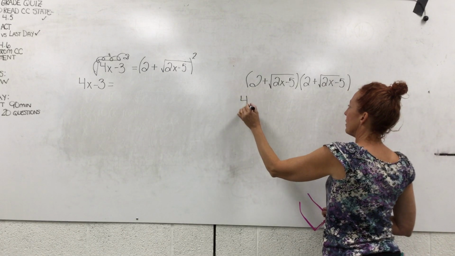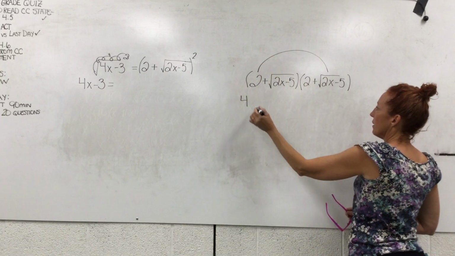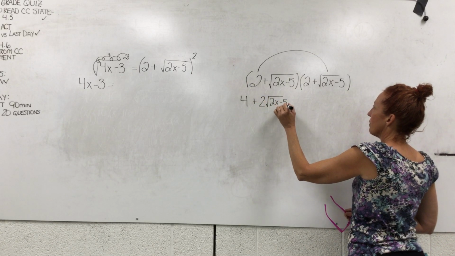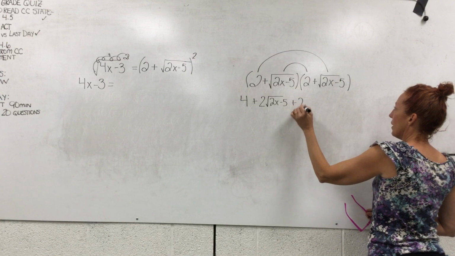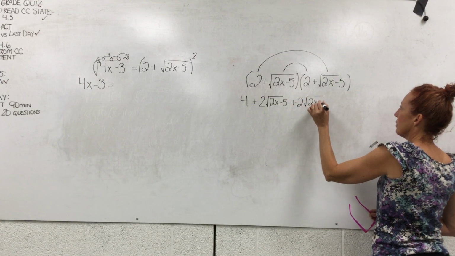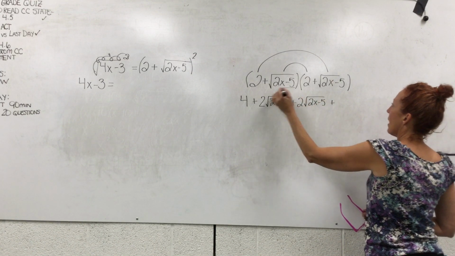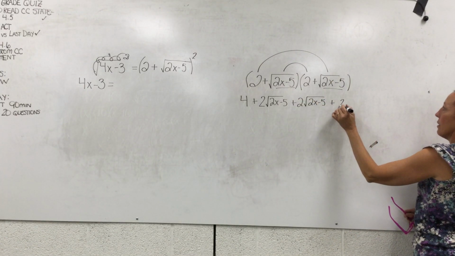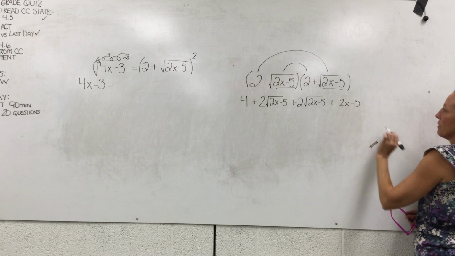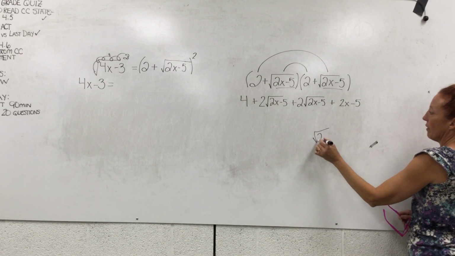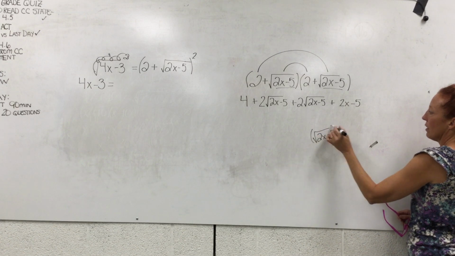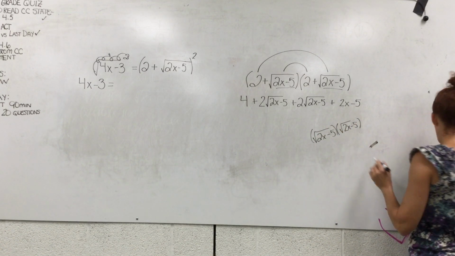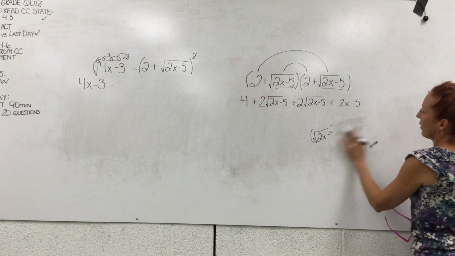All right, 2 times 2 is 4, the outside piece, plus 2 radical 2x minus 5, the inside piece. And the last piece is just going to kill off that square root. So it's going to be 2x minus 5, because it's going to be this times itself. And when you multiply anything by itself, it's just going to kill off that radical.